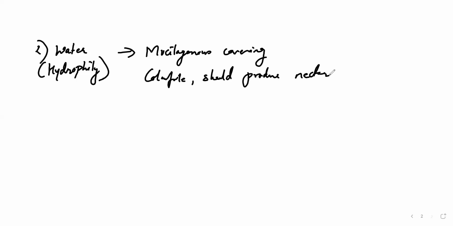So that is the exceptional case, only in the case of water pollination. Here, whatever the pollen grains are there, they are usually long and ribbon like. So these are some of the points for the same.